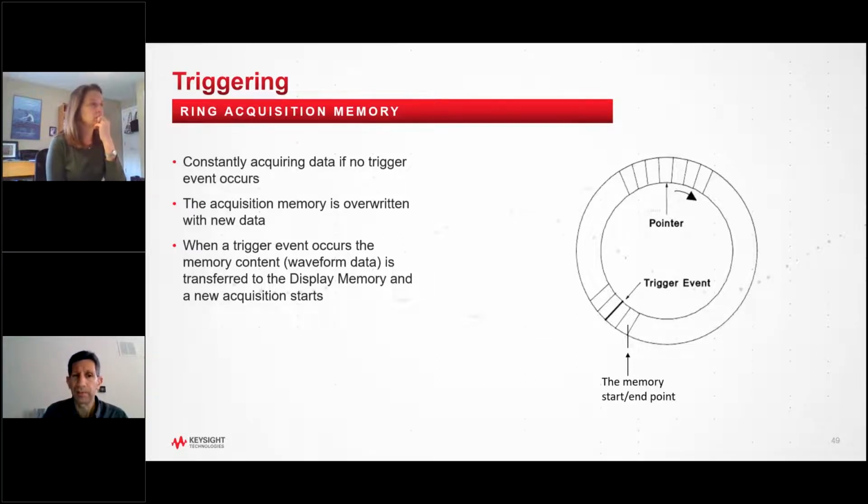So that trigger event can be put anywhere in the ring. So you can have 100% pre-trigger data, 100% post-trigger data, or anywhere in between. And most scopes, including Keysight scopes, by default place the trigger event in the center of the ring.